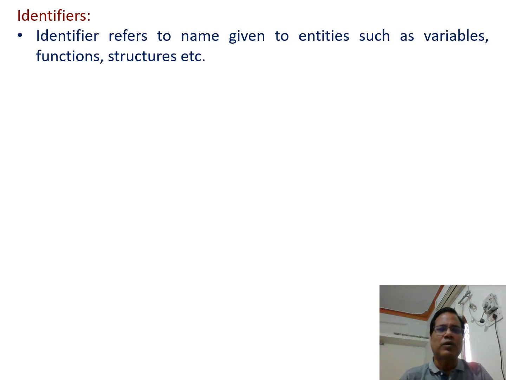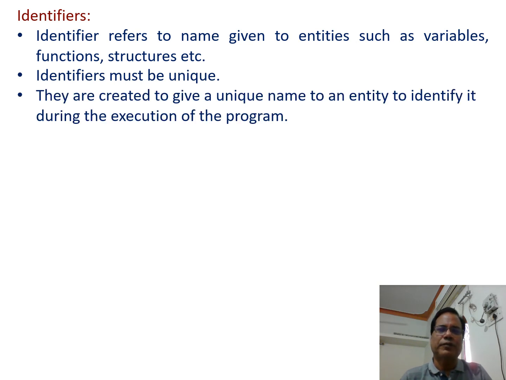Then identifiers. An identifier refers to the name given to entities such as variables, functions, structures, etc. So the name of a variable, function, structure, etc. are identifiers. Identifiers must be unique.